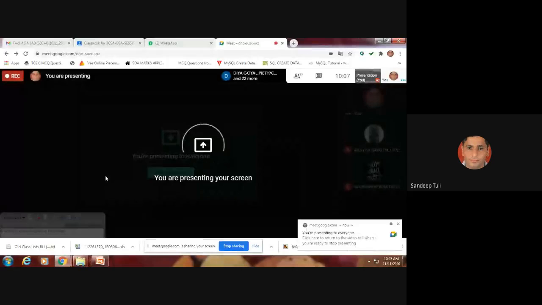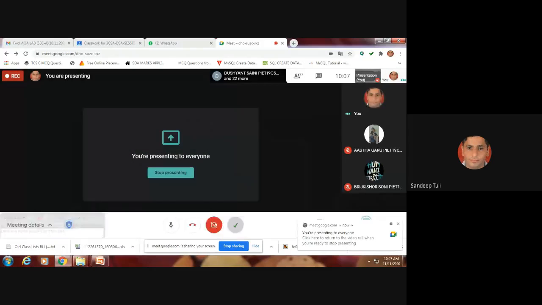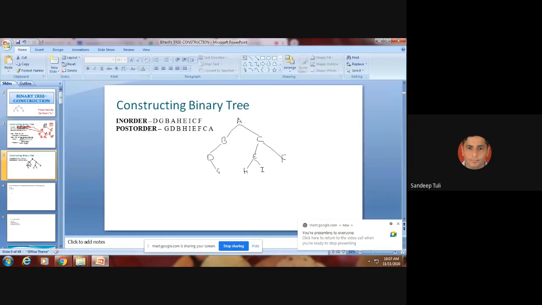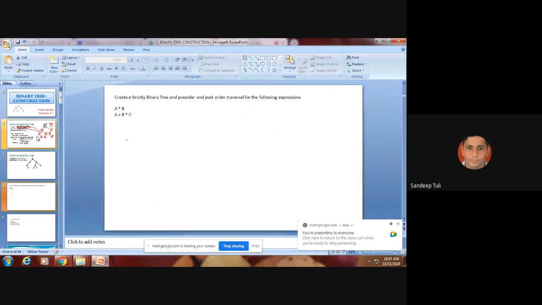I think we also started the application of the binary tree, that is expression representation, how a mathematical expression can be represented using a binary tree. We are continuing from the same point.